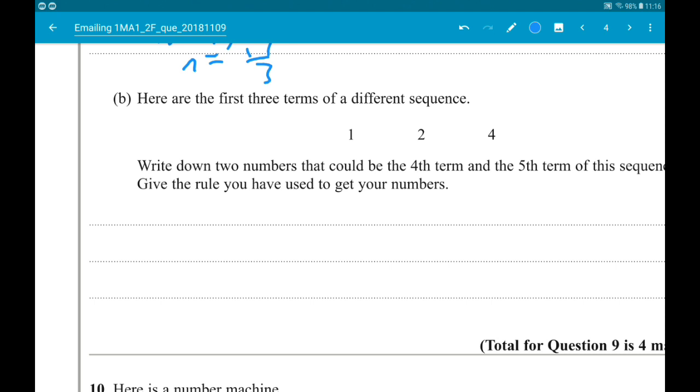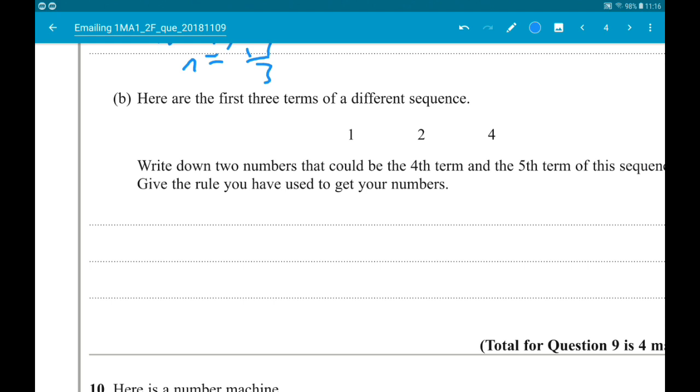For part B, we are given the first 3 terms of a different sequence, 1, 2 and 4. We want to write down 2 numbers that could be the 4th and the 5th term of the sequence.